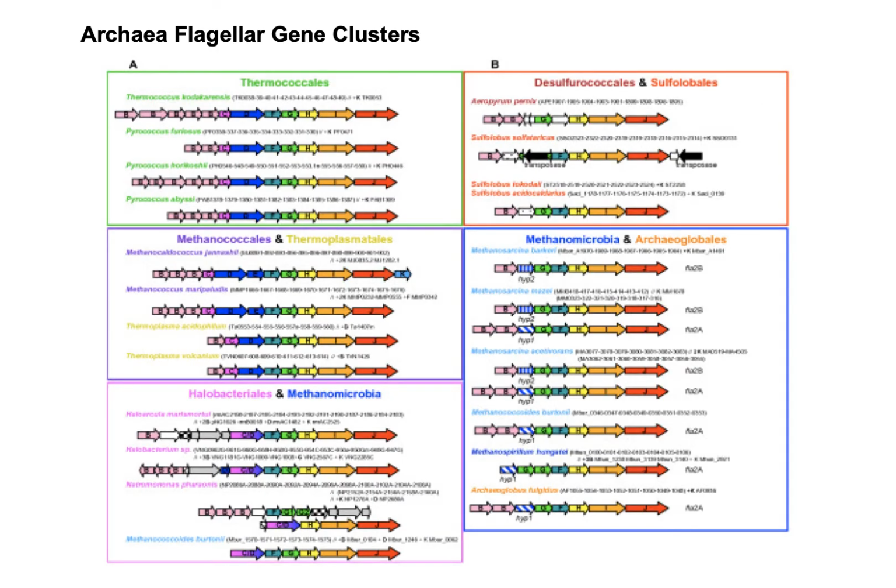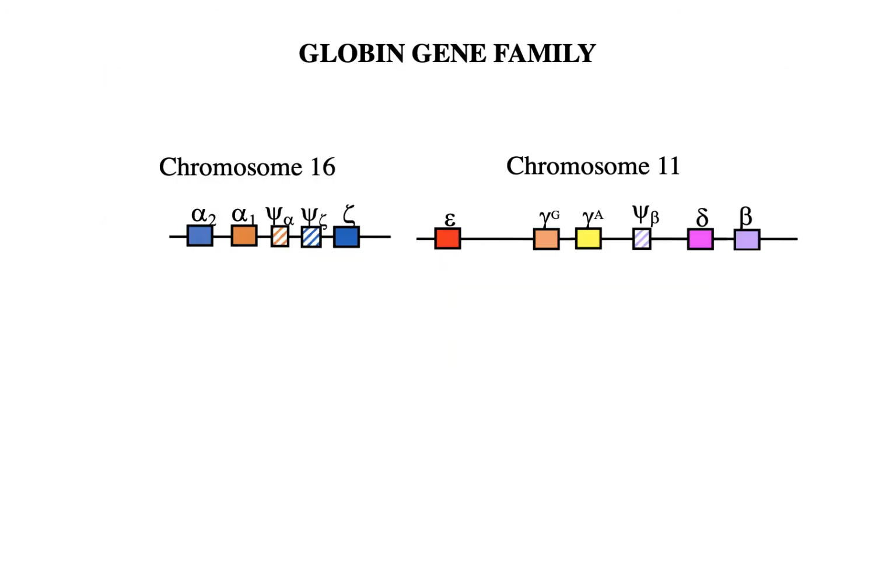As in bacteria, archaea also have the flagellar genes located in clusters, usually one cluster, and the genes are members of a multi-gene family. Some are more related than others. But you can see in the different groups of archaea, the arrangement of those genes, as indicated by some of the colors, are similar in some cases.